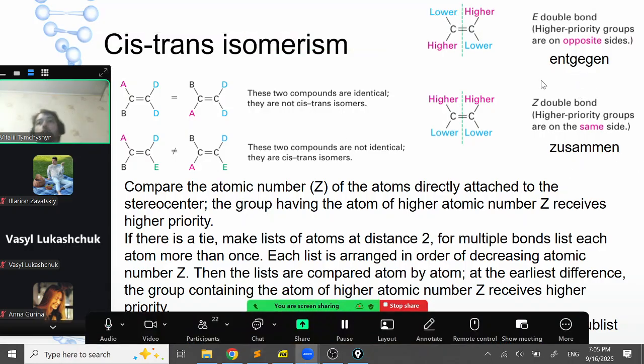They come from German words: entgegen, which means opposite sides, and zusammen, which means same side. Well, it's just some sort of terminology. I don't expect you to know that, but probably I need to show you that it exists.